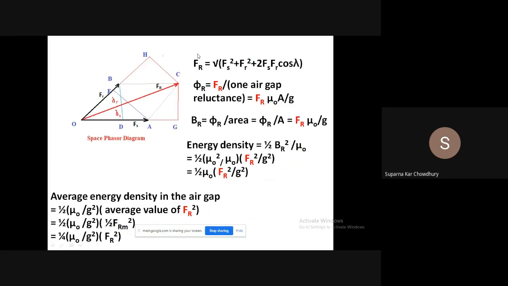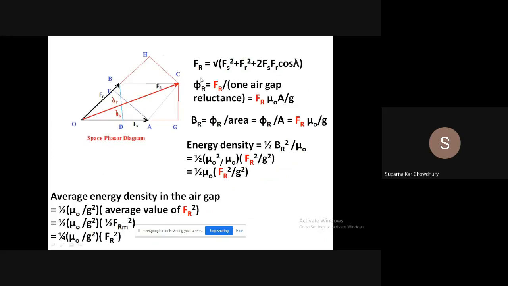The resultant field FR will be root of Fs square plus Fr square plus twice Fs Fr cos lambda, where lambda is this angle between these two fields.